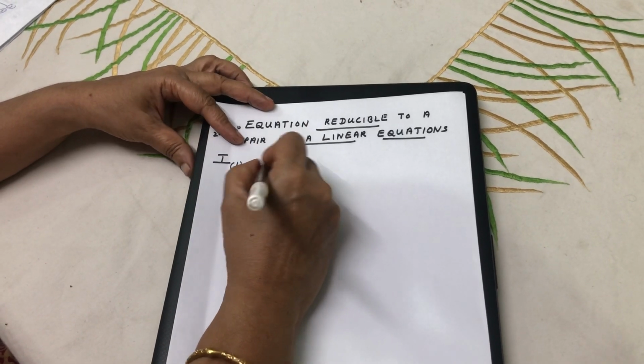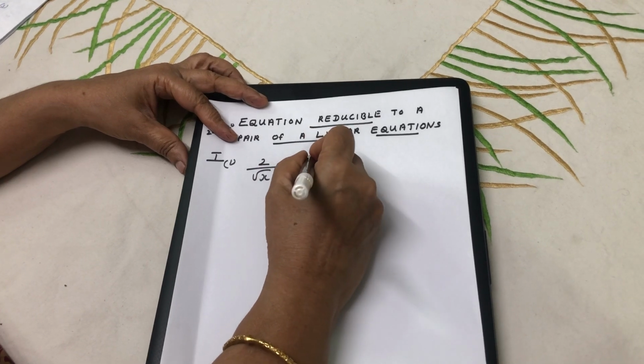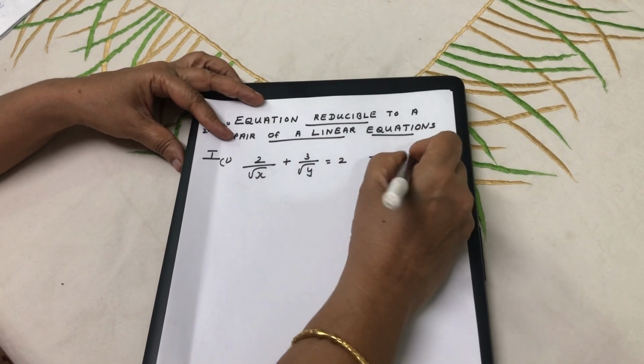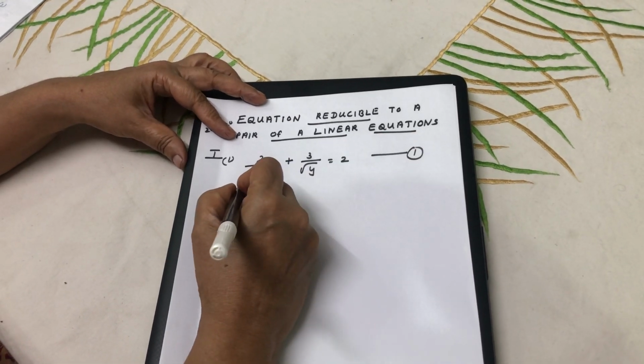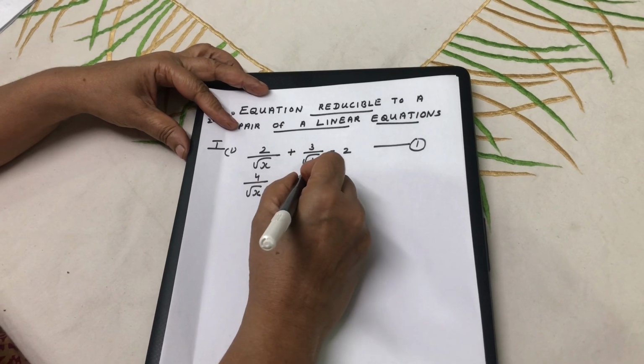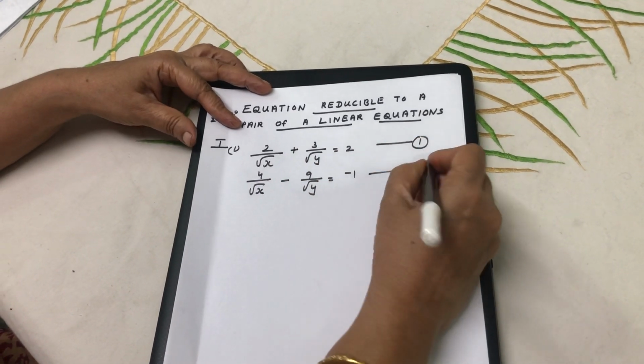Solve this pair of equation: 2 by root x plus 3 by root y is equal to 2. Second equation: 4 by root x minus 9 by root y is equal to minus 1.